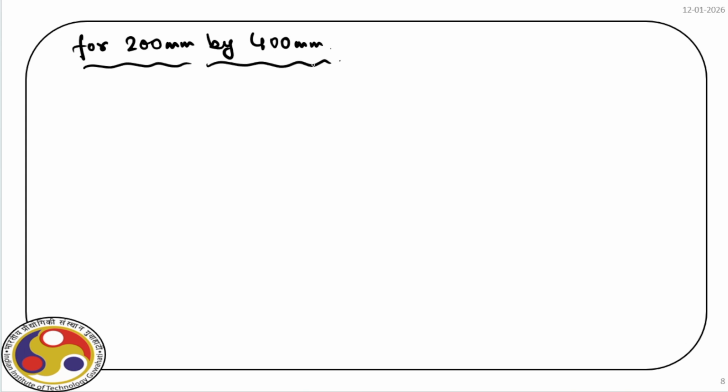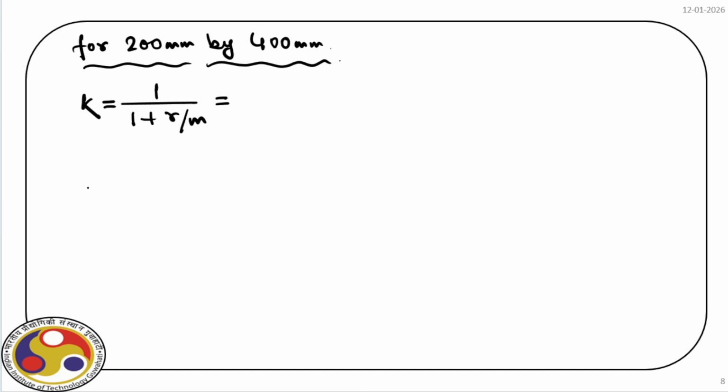Okay, so for 200 millimeter by 400 millimeter, let us solve the problem. For that, we have to find out k, and k is 1 by 1 plus r by m. Then we can find out the location of the neutral axis.